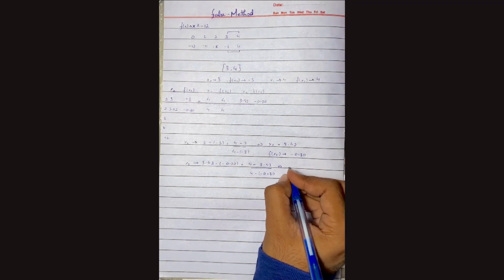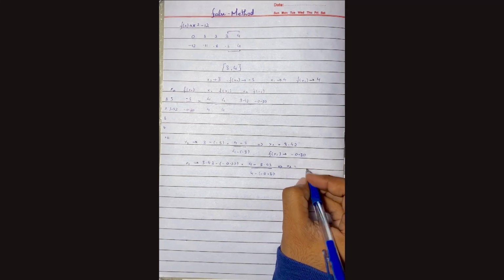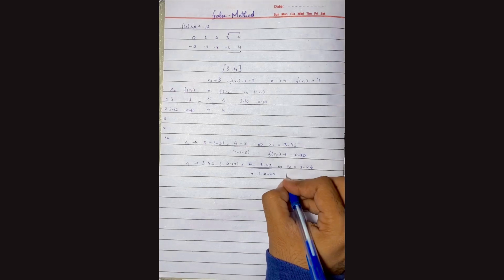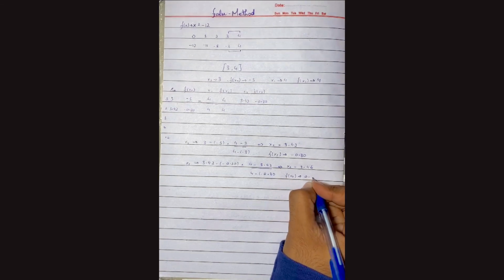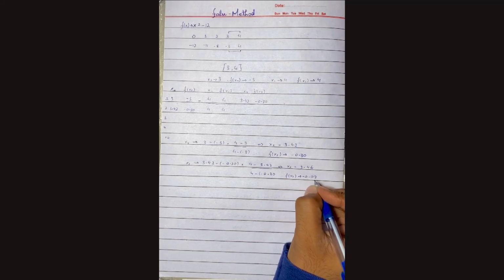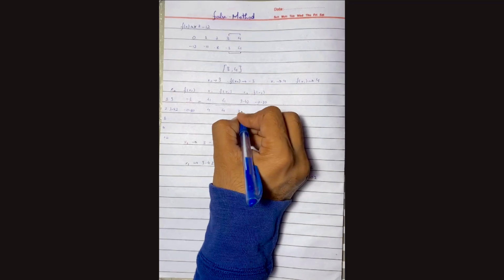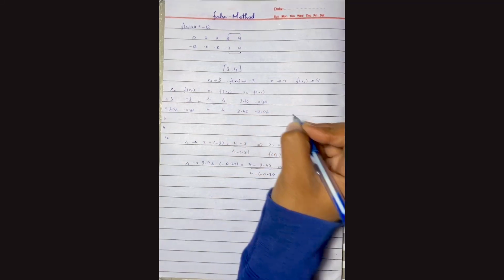So our new x2 is 3.46, and our f of x2 will be minus 0.02. So let's write these values into the table.